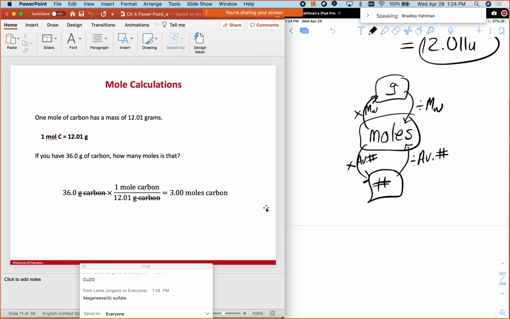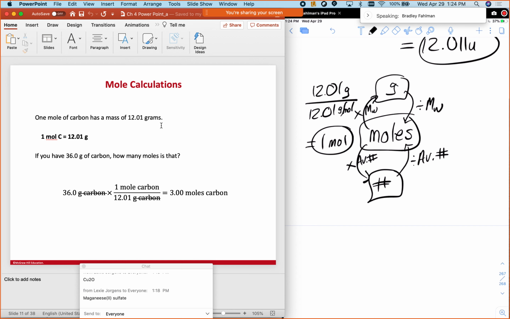So if you have 12.01 grams of carbon and you want to know how many moles that is, you divide by 12.01 grams per mole, so that equals 1 mole.